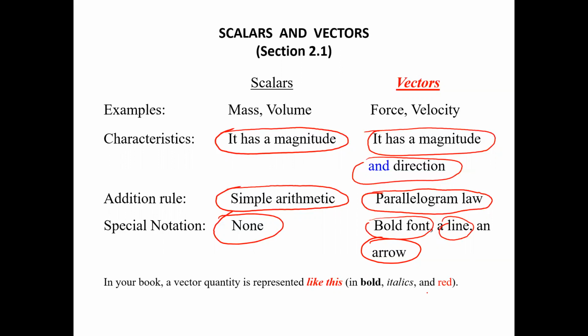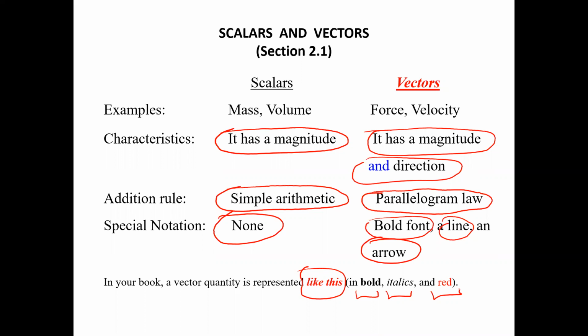In your book, a vector quantity is represented in bold, italic, and red. Okay, so you won't find arrows or a line on the vector quantities in your book, right? But it will be just bold, italic, and red. So that will show you that, okay, this is a vector quantity, right? And in our lecture slides, we'll have the same notation.